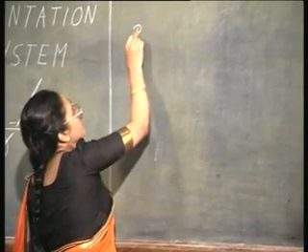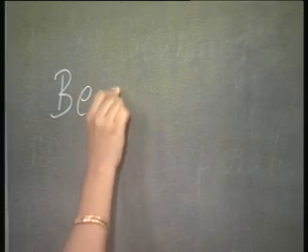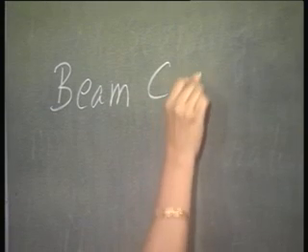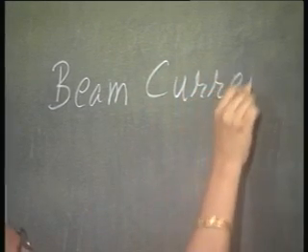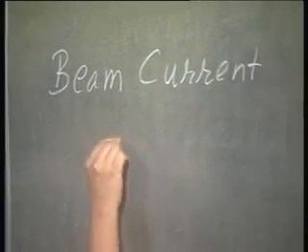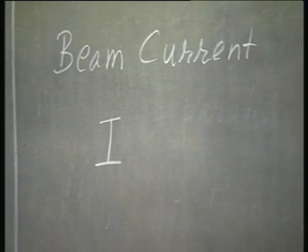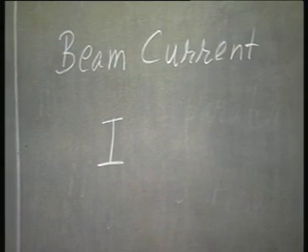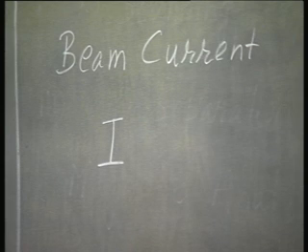The beam current is I. That is the parameter the system operator has in hand.